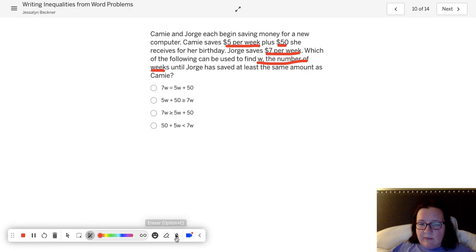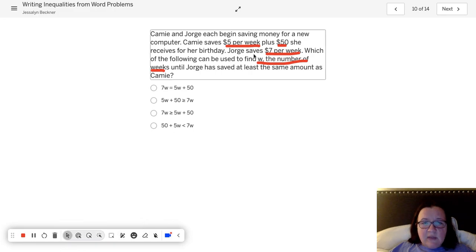All right, so let me go back to my little selection tool here. Okay, so we've got $5 per week. $5 per week plus $50 she receives for her birthday. Which of the following can be used to find W, the number of weeks, until Jorge has saved at least the same amount as Cami? So what that means is Jorge could be saving more than Cami, but he has to save at least how much she is.